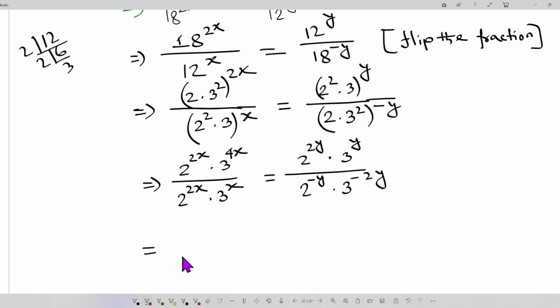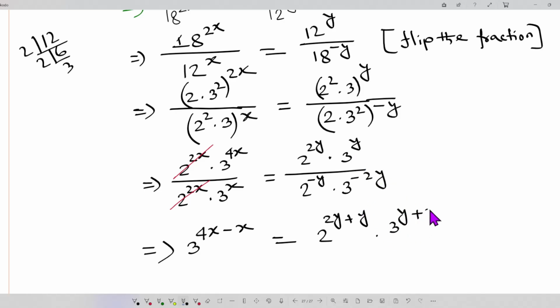Now look, this 2 to the power 2x and this 2 to the power 2x cancel out, and here 3 to the power 4x divided by 3 to the power x, we can write 3 to the power 4x minus x, equals 2 to the power 2y, and here is minus y, it will be plus y, times 3 to the power y and here minus 2y, we can write plus 2y.